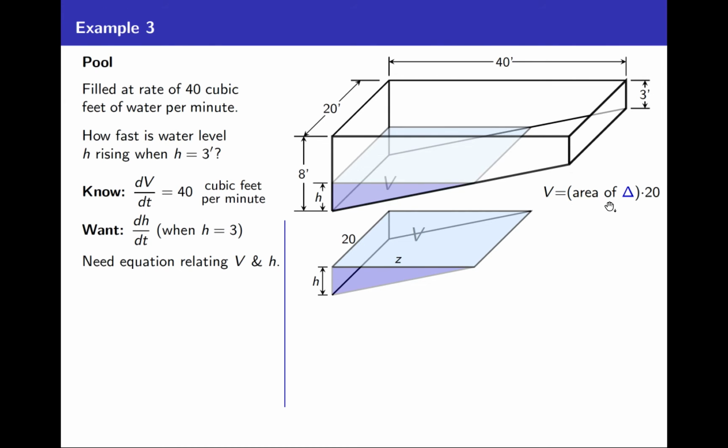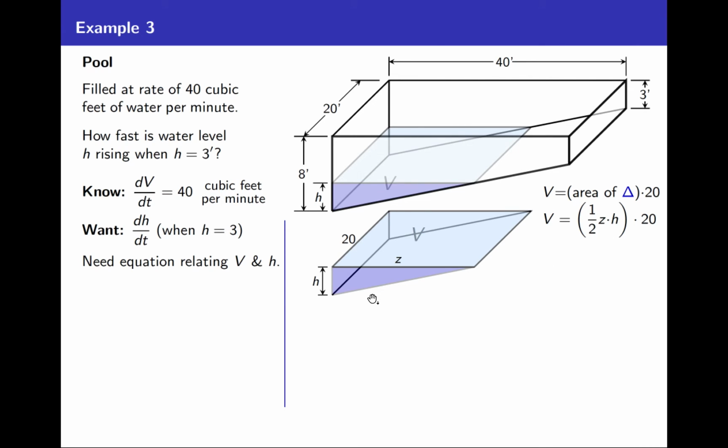So V is 1/2 z times h times 20. This is beginning to get an equation relating V and h. But we also have this quantity z in there. We've got 3 variables, V, z, and h. What we need to do is express z in terms of h, so it's just V's and h's in this equation. And then we're good.